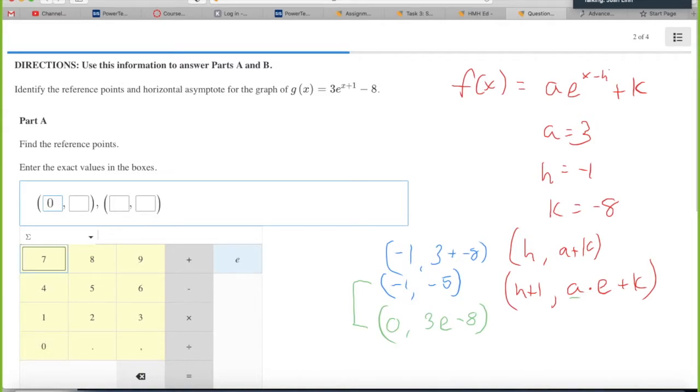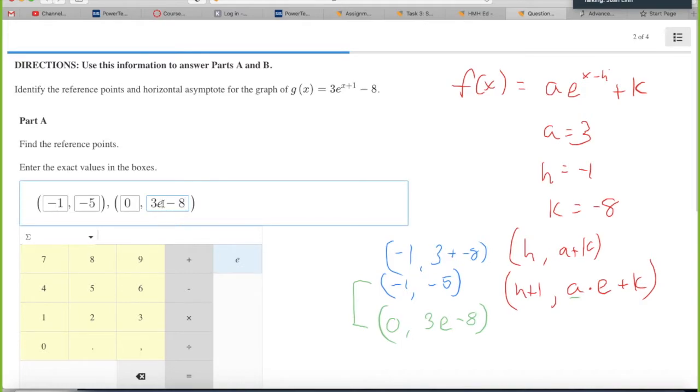So 0. I'm sorry, that's wrong. -1, -5. And I'm typing these in here so you can kind of see what they would look like as you type them in. 3e minus 8.